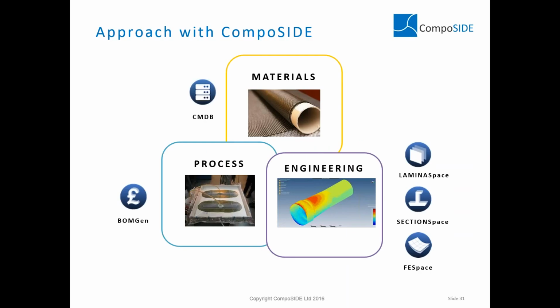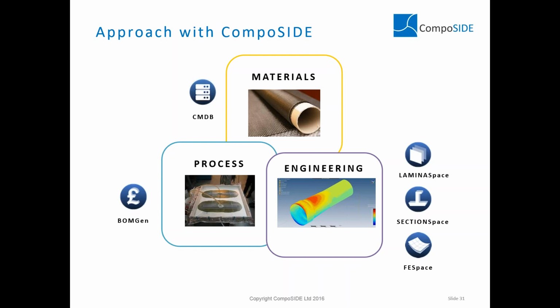Okay, so let's design. We've seen this slide before. Composites require a high degree of integration compared to conventional materials. Data quality and the ability to use the data efficiently is very important. And the connection between materials, process, and engineering requires a lot of integration.